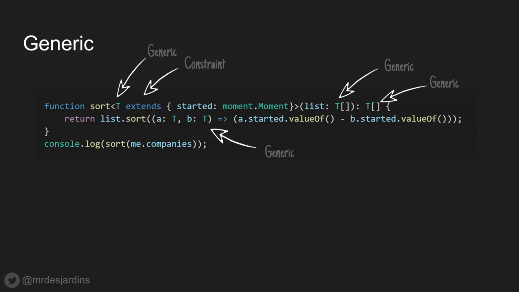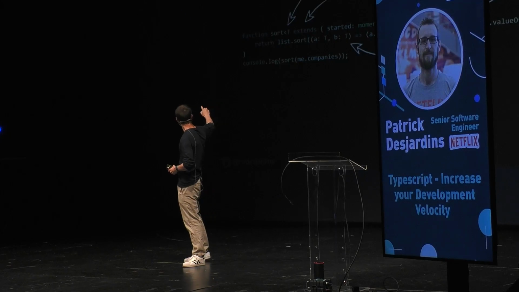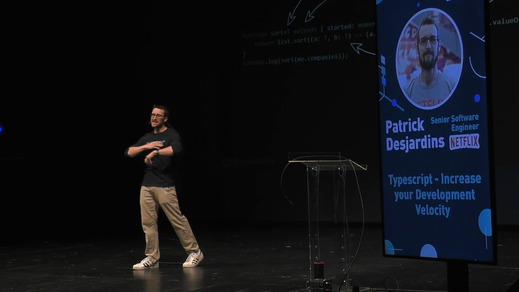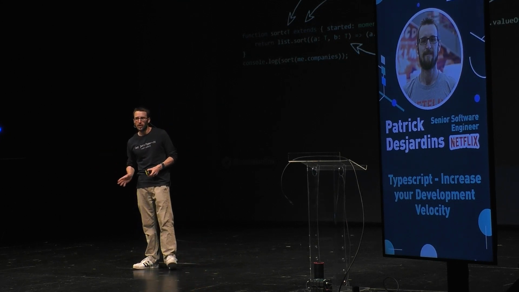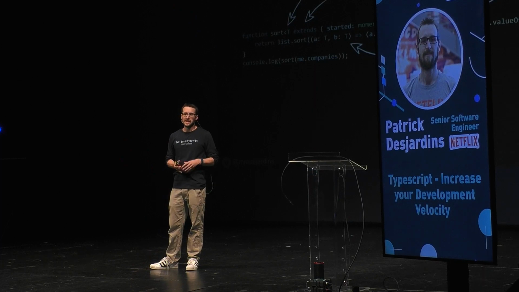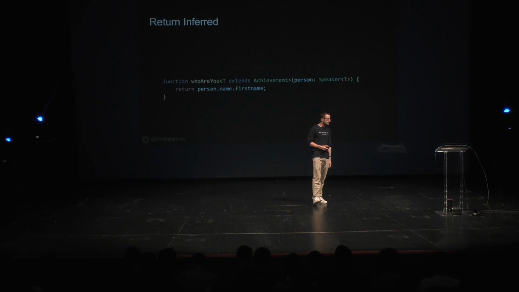In that particular example, I am passing the started, which is a moment, which means I can pass any kind of object that exists in the world, but it has to at least have the minimum field of started as a moment. So it allows you to create code that is more generic and reusable as well.